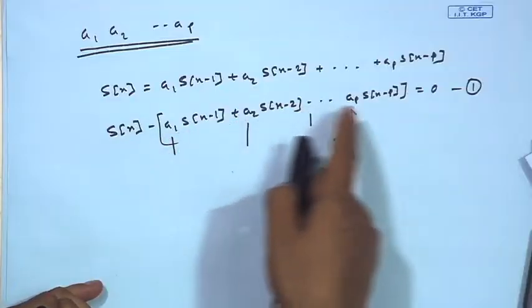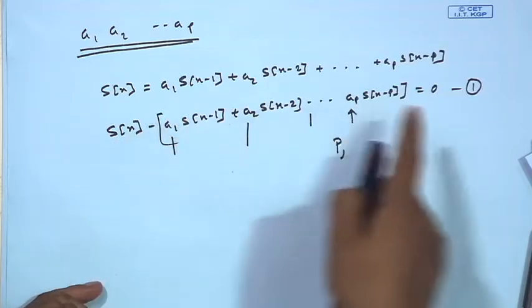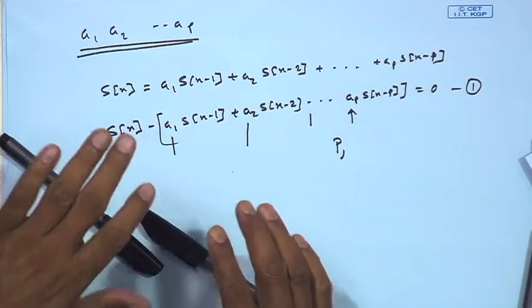The trick is how do I find a set of solutions for which this is equal to 0. That means if I know the previous n samples, some linear combination of those previous samples will provide me the current sample.